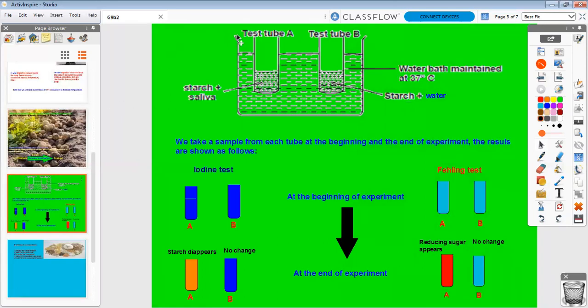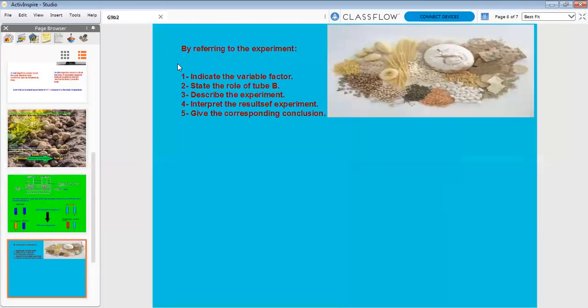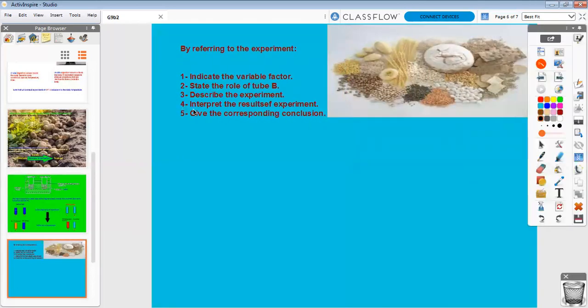Then we add saliva to tube A, and we add water to tube B. Finally, we place the two tubes A and B in a water bath at 37 degrees for 20 minutes. So in order to describe an experiment, we should use take, put, add, place as keywords in order to clarify the steps of the experiment.